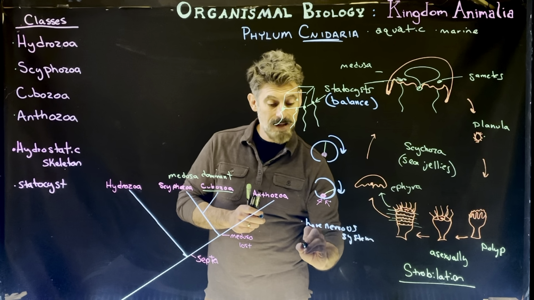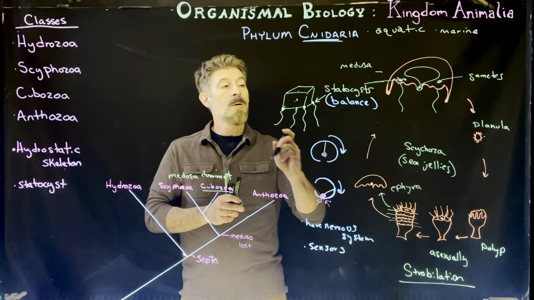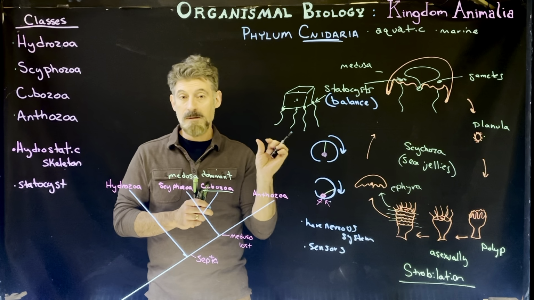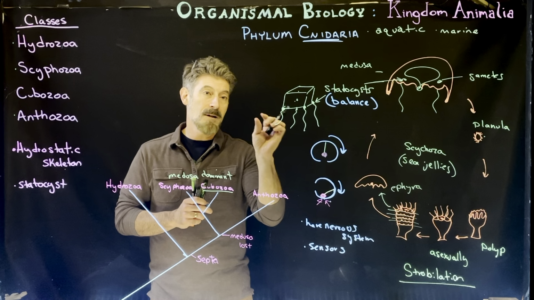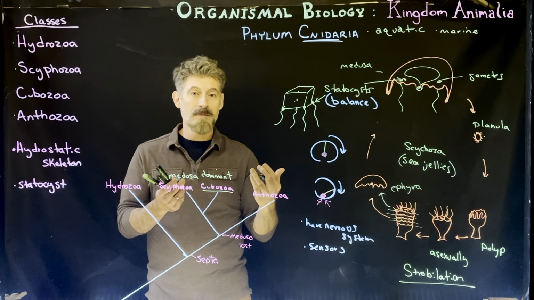And now you can also see they have sensors. The Cubozoa are also known for having a type of eye structure, with a lens and a retina, so that they can collect light and focus light, and most likely receive some kind of image.